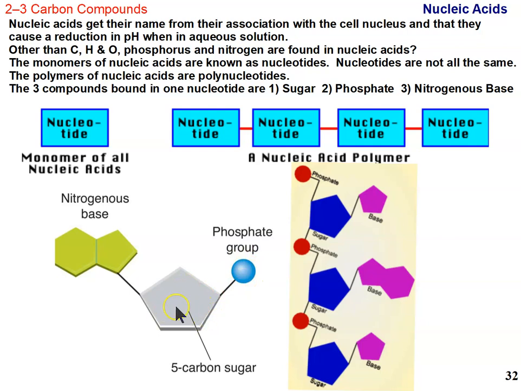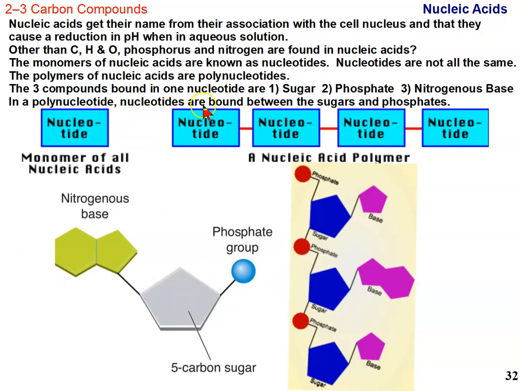The 5-carbon sugar is a carbohydrate, therefore it has CH2O as its general formula. The nitrogenous base has carbon, oxygen, hydrogen and nitrogen. So these are 3 different compounds, 3 different individual molecules that come together to form this thing that we call a nucleotide. That's the monomer of nucleic acids.